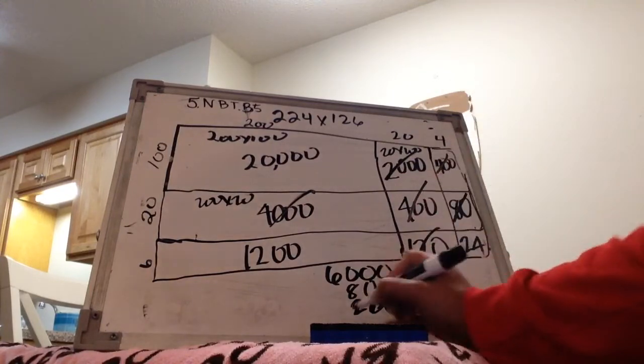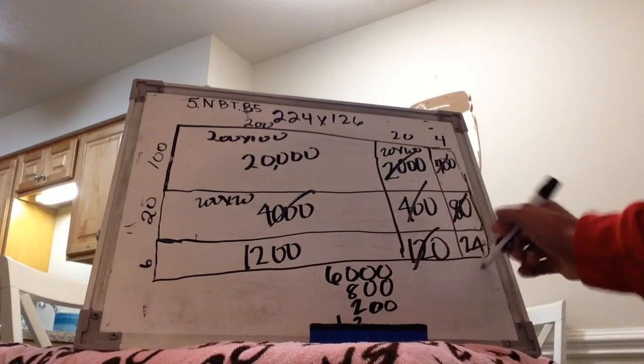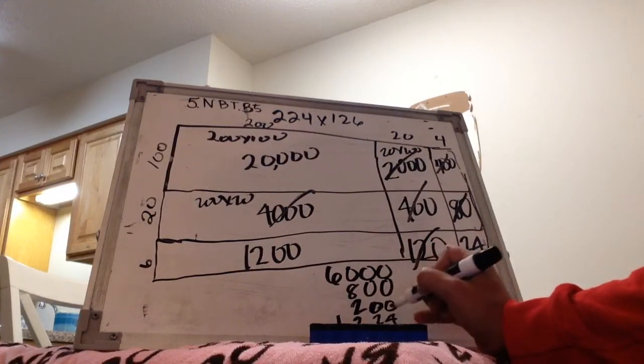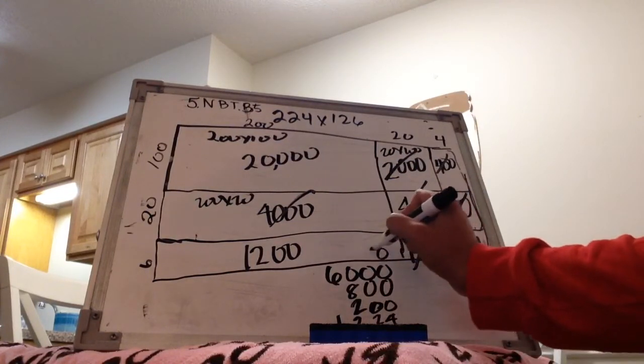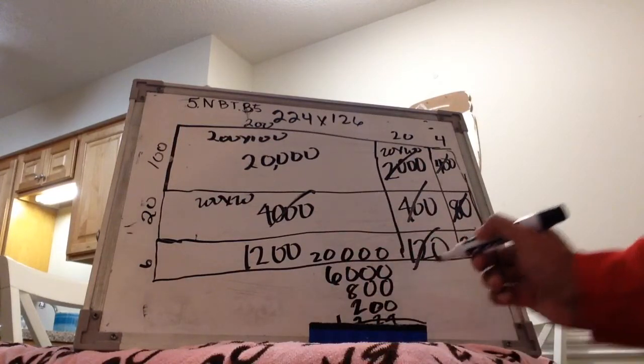And then I have 1,200. And I'm going to add the 24. And then I have 20,000. And then I want to add all of that up.